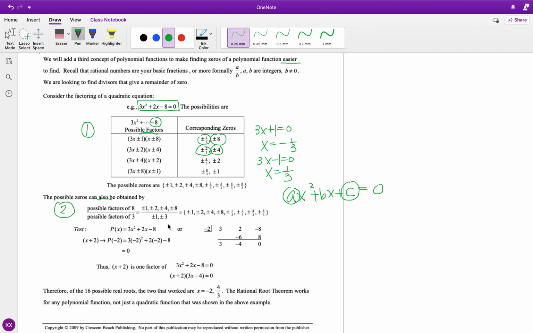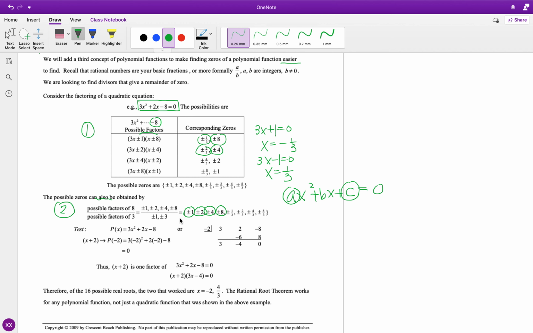So in the end, your possible roots will be this one over this one. Negative and positive 1 over that gives you this one. 2 over that gives you this one. And 4 over 1, this one. 8 over 1, this one.